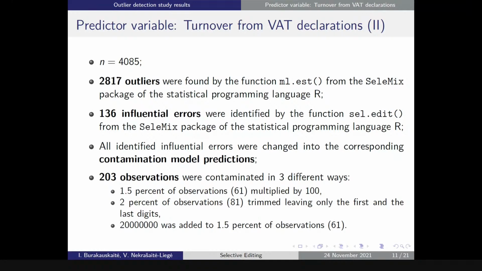And later on, those identified influential errors were changed into the corresponding contamination model predictions. And in this new clean data set, 5% of observations were contaminated in 3 different ways. That is 1.5% of observations multiplied by 100, 2% of observations trimmed, leaving only the first and the last digits, and 20 million was added to 1.5% of observations.